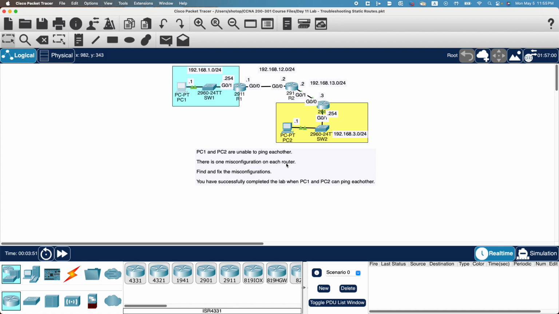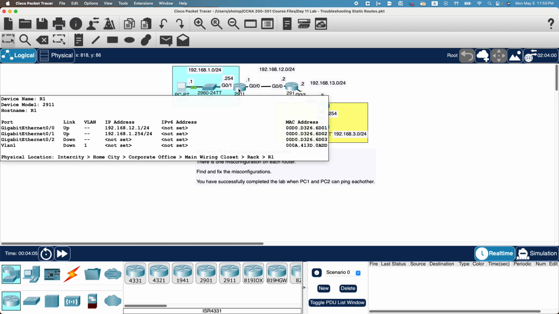One misconfiguration on each router. I'm not going to worry so much about the switches because it sounds like this is focused on the routers. Find and fix the misconfigurations. So let's look at router 1. First of all, router 1 has IP addresses assigned on its Gigabit 0/0 and Gigabit 0/1 ports, and they are both up.